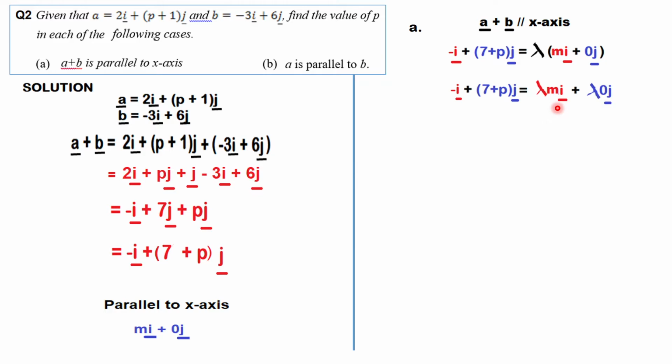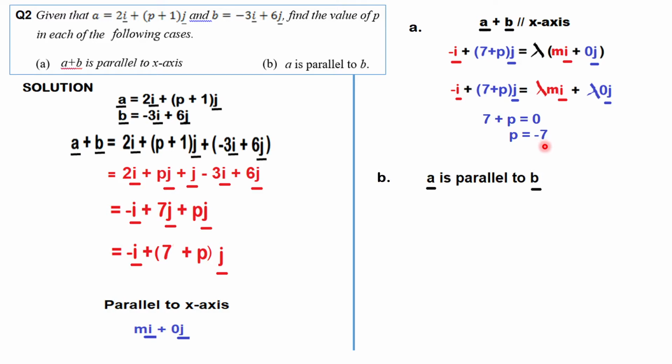Now since you have vector i and j on the right hand side and left hand side, you may compare. So I'm going to compare vector j on the left hand side and right hand side. Therefore I'll get 7 plus p equals 0. And you can solve and find p for the first case.